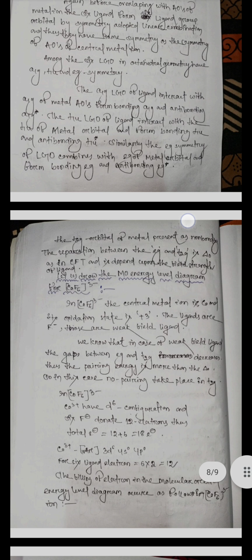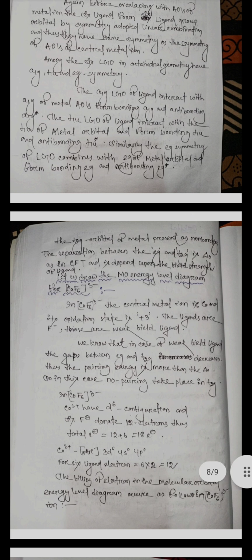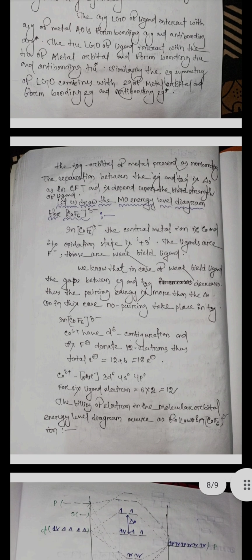The A1g LGO of the ligand interacts with A1g of the metal atomic orbital to form bonding A1g and antibonding A1g star. The T1u LGO interacts with the T1u of the metal orbital and forms bonding T1u and antibonding T1u star. Similarly, Eg symmetry of LGO combines with Eg of the metal orbital and forms bonding Eg and antibonding Eg star. The T2g orbital of the metal is present as non-bonding.